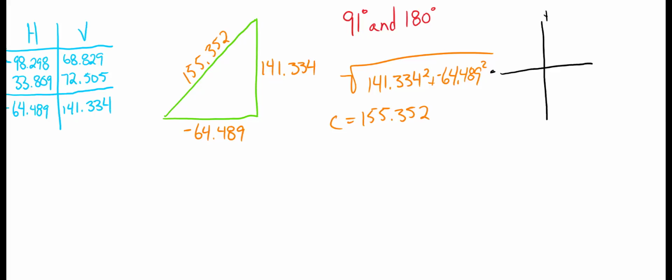So let's use our sine function. Sine theta would be equal to the opposite, 141.334 divided by our hypotenuse, 155.352.